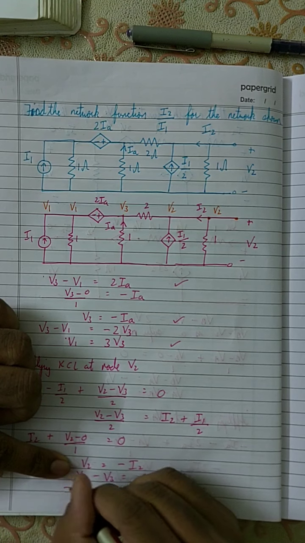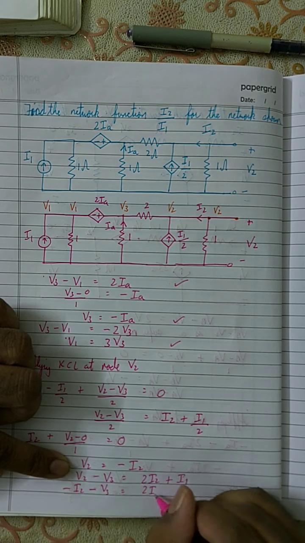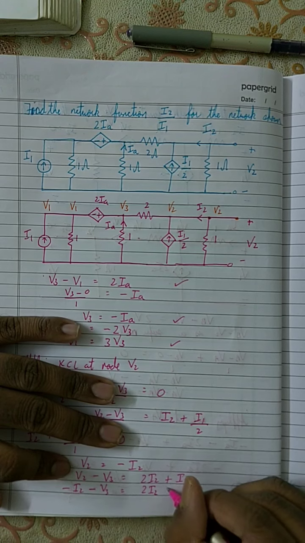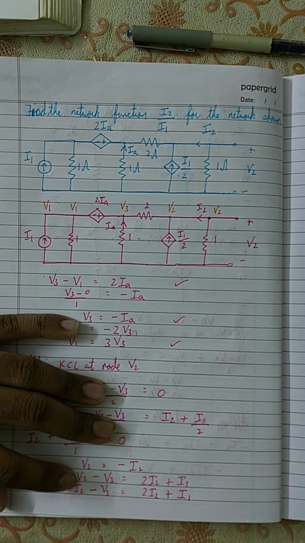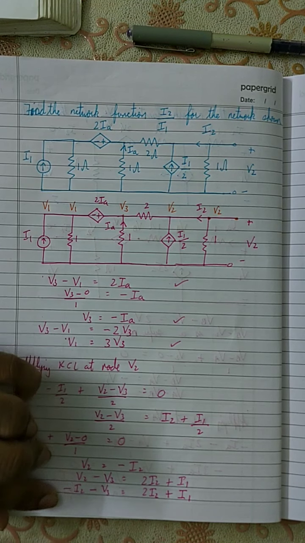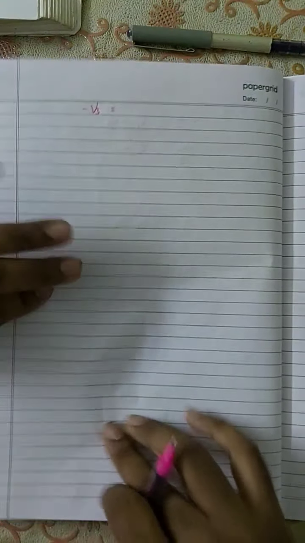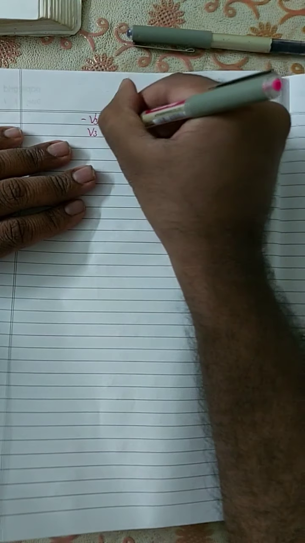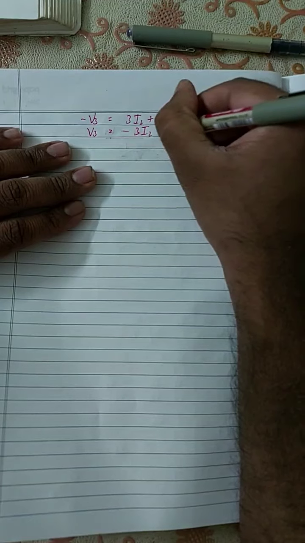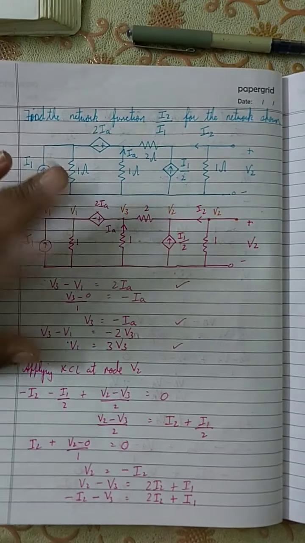So minus I2 minus V3 is equal to 2I2 plus I1, or minus V3 is equal to 3I2 plus I1, or V3 is equal to minus 3I2 minus I1. So this is one equation you got for V3. Let's keep that equation there.